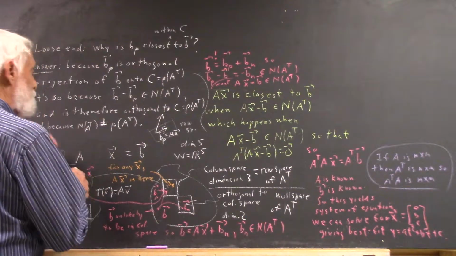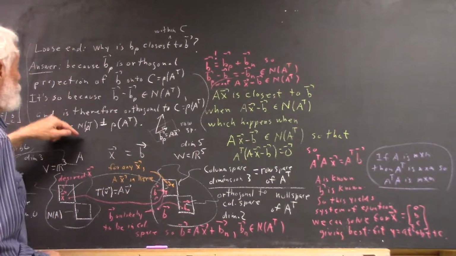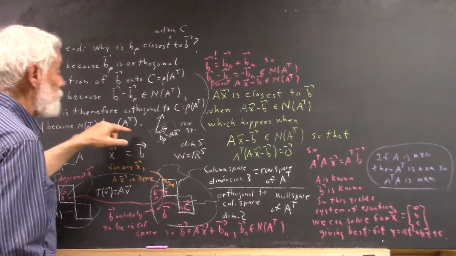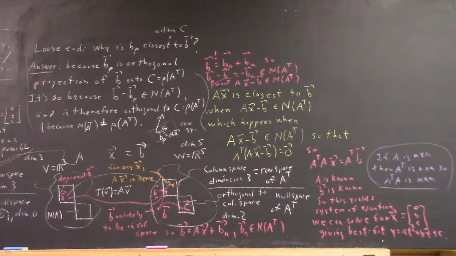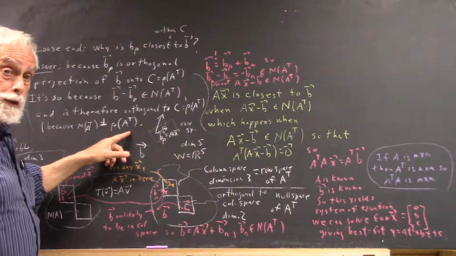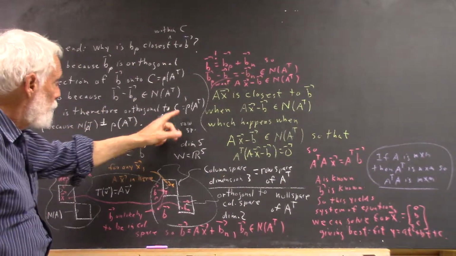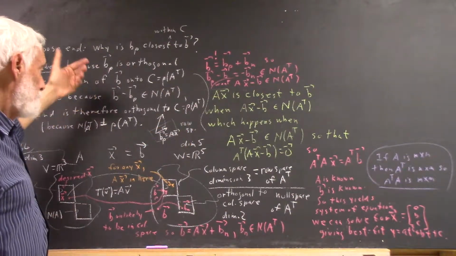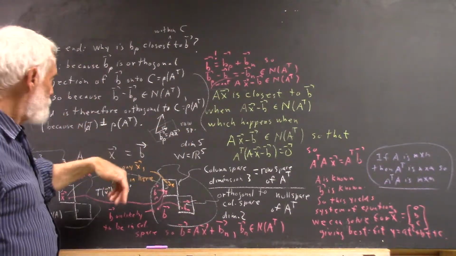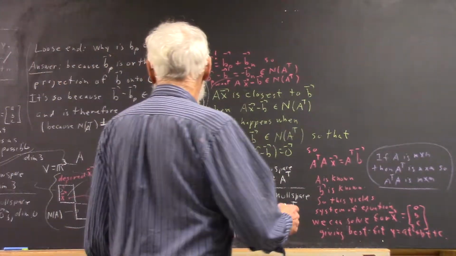To say this is to say, and you've done this for matrices, that any vector in the null space is orthogonal to any vector in the row space. So every vector here is orthogonal to every vector here. So in particular, this vector is orthogonal to any vector here, so that B row is the orthogonal projection, and we can visualize that by this picture, which I'll draw a little bigger over here.